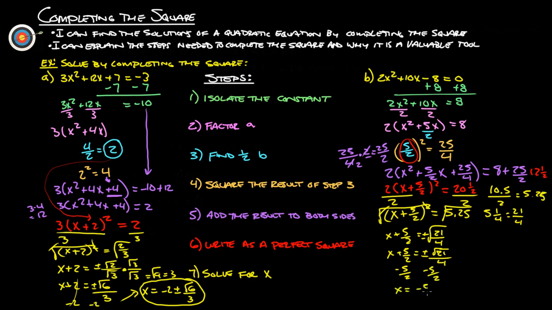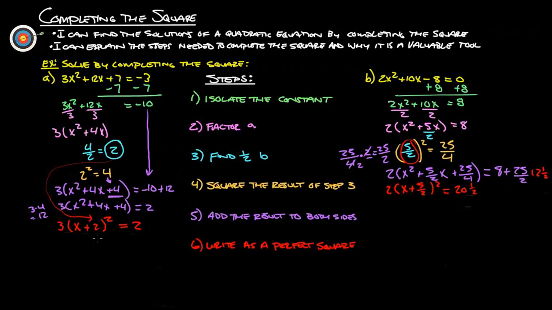X equals negative 5 halves plus or minus square root of 21/4. Okay? I know that's not pleasant, but that's really kind of how that works. I'm fine if you leave it like that. We could simplify that further, but for now, let's just call that good.